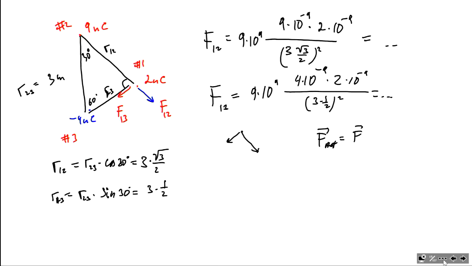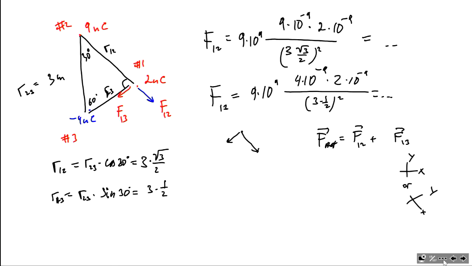equal to the vectorial sum of two forces, F12 plus F13. And again, we have two options. We can choose X and Y axes like this or like this and use the component method.